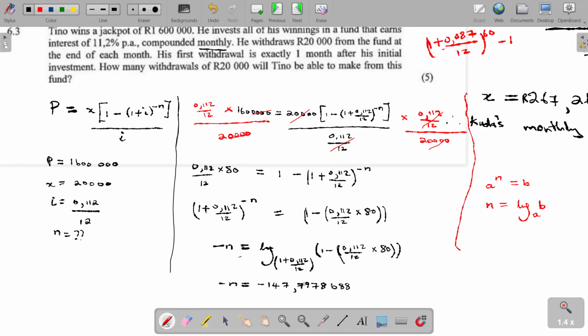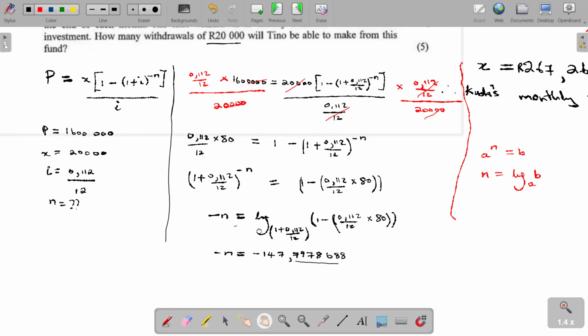But the last withdrawal, because it's represented by the fraction part, is less than 20,000. So the question wants withdrawals of 20,000, and they are 147. That becomes our answer.